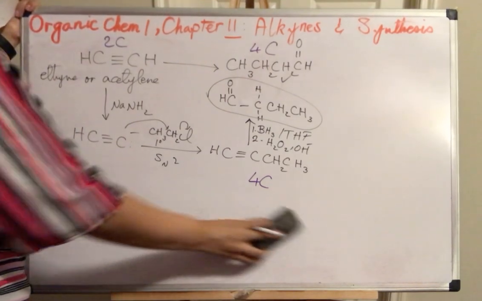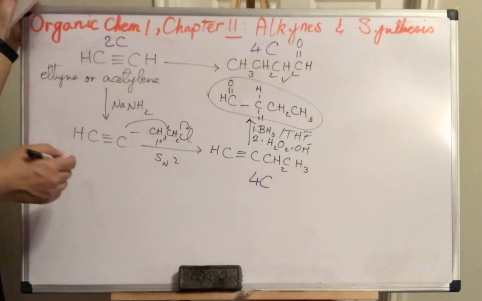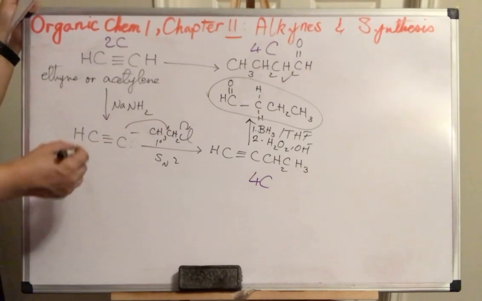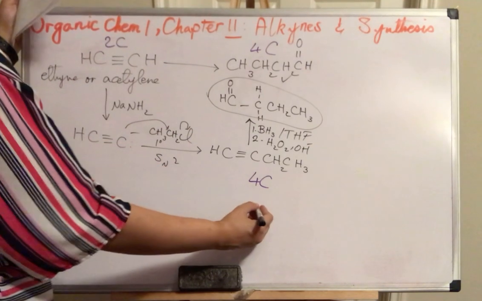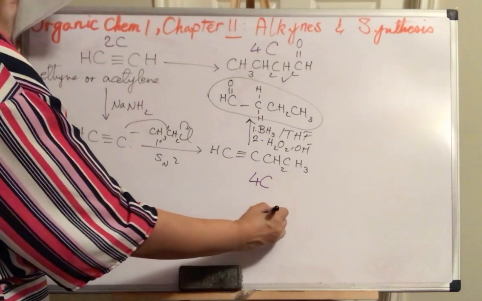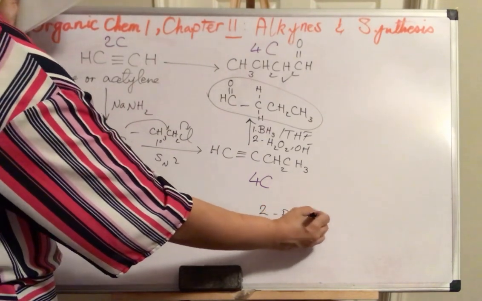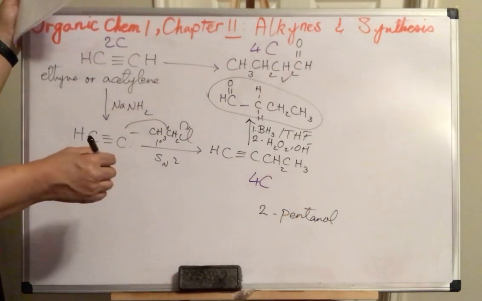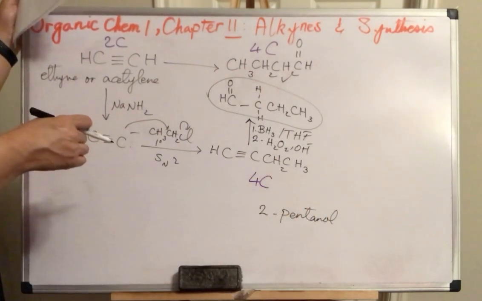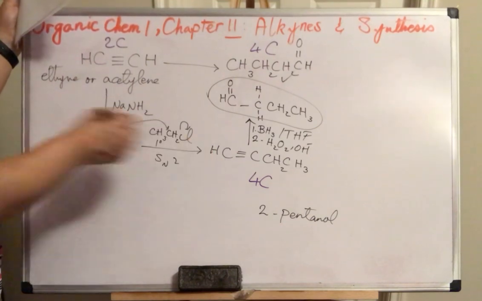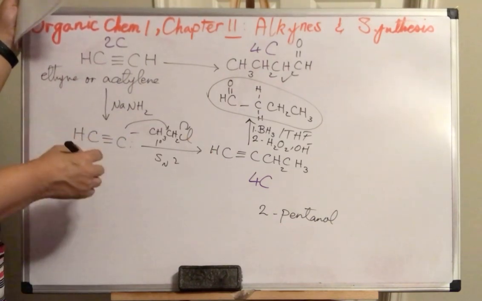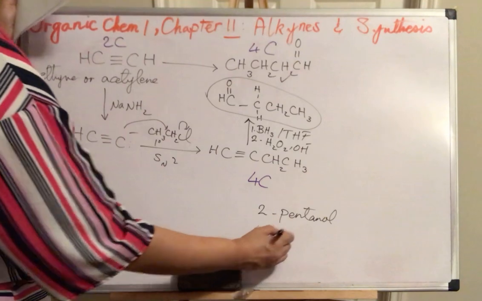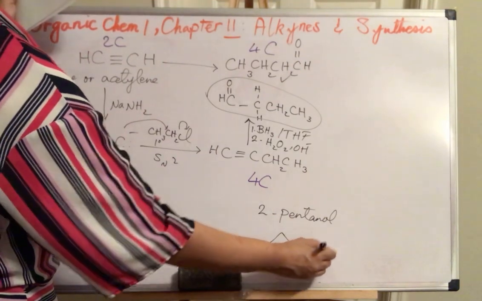The other example is: find how to change any hydrocarbon and any other organic or inorganic material to 2-pentanol. So 2-pentanol is this, 1, 2, 3, 4, 5.